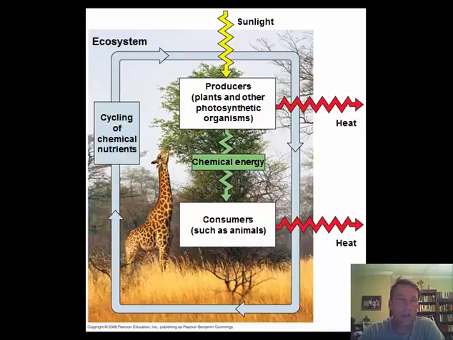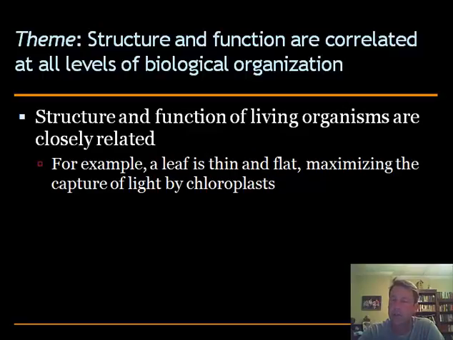Another thing we could mention here is a concept or a theme that runs through biology that is referred to as the relationship of structure to function. And we can see this at all of those different levels of organization that we mentioned, from the molecule to the cell to the structures to the organs to the organ systems, that there are certain structures that living organisms are made up of, and these structures relate to their function.